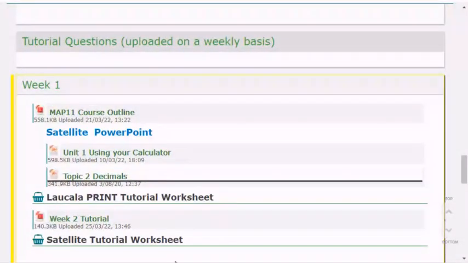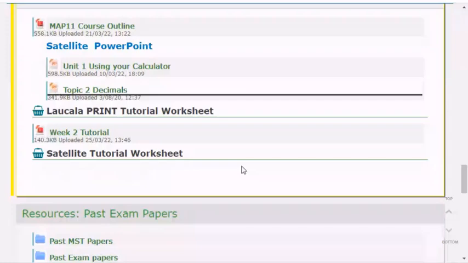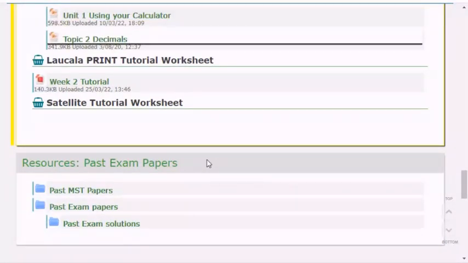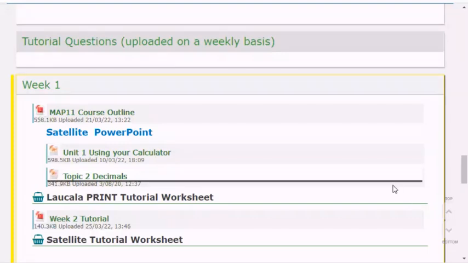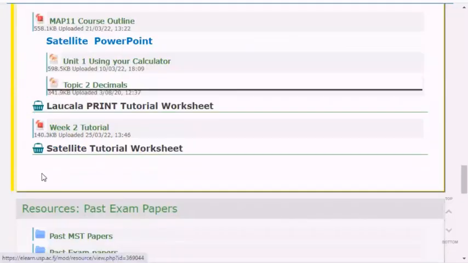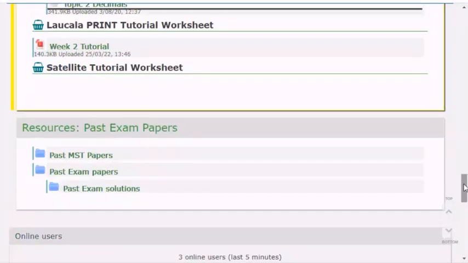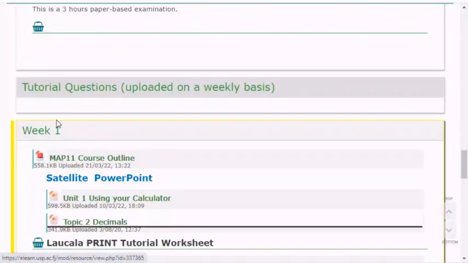Okay, so for next week, you will see that this is week 1, and that's what we've done so far. That was last week's work. So starting next week, you'll see that we'll add more topics into Moodle as the weeks go by.